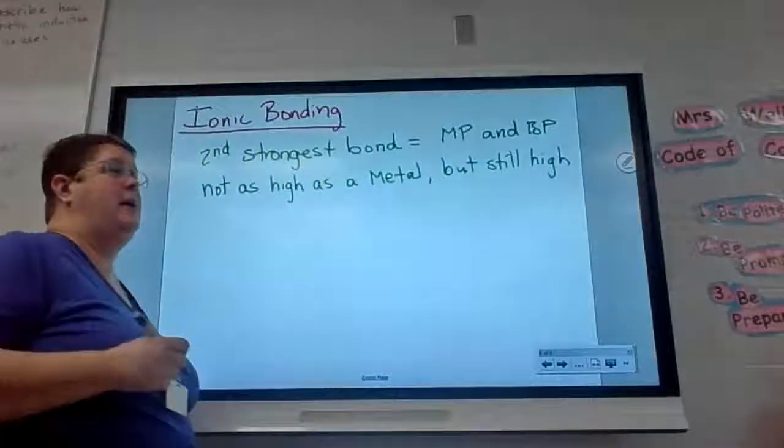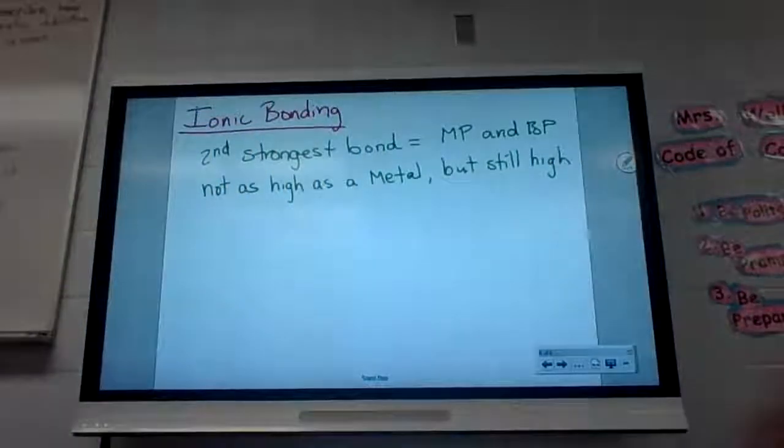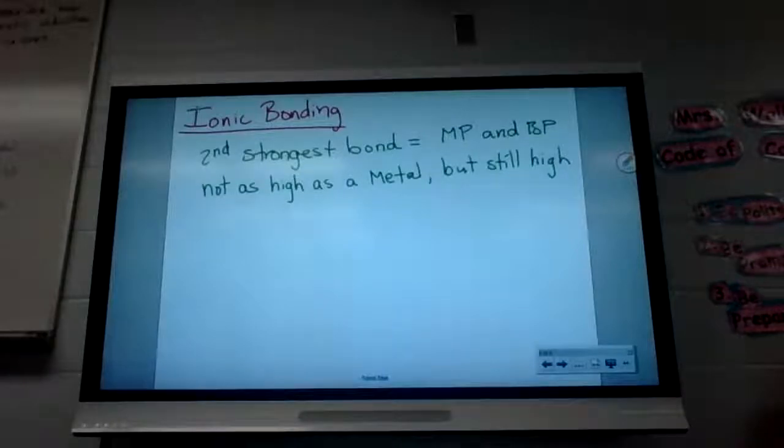So they're not going to be as high as a metal, but they're still going to be high, because an ionic bond is still pretty strong.